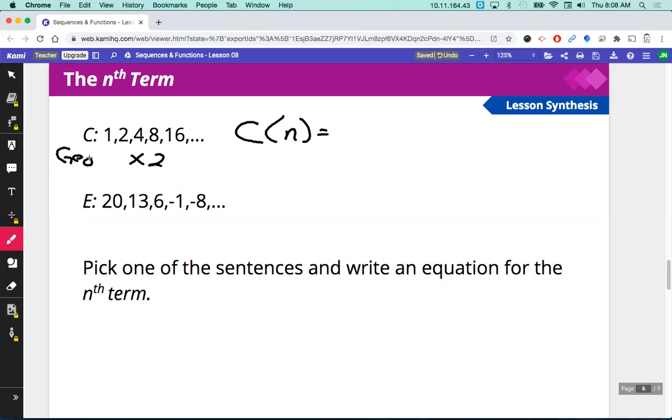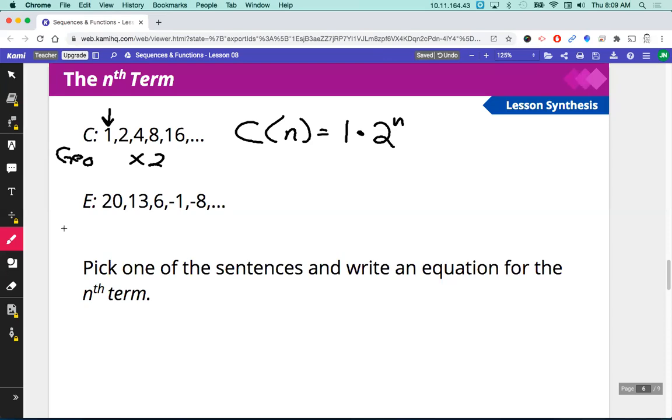The way you write a geometric nth term definition, you put the term you start with first, and then you multiply by your multiplier, 2 to the nth power. So the term you start with goes first. 1 goes first.